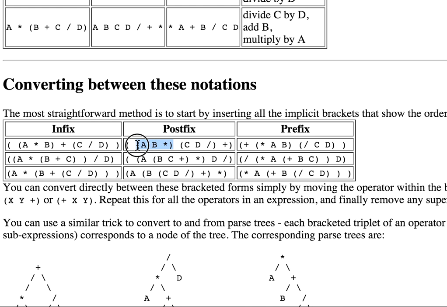Convert this to prefix notation also, which means the multiplication goes before the a b. Inside this parenthesis we have c d division, so division goes before c d. After you have this, just remove all the parentheses, and then you will have the prefix notation.